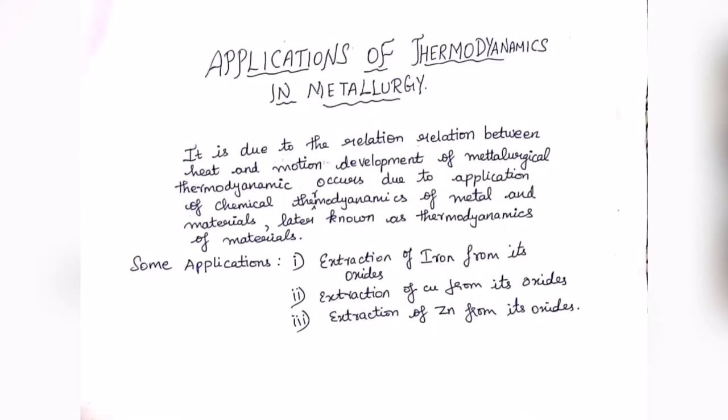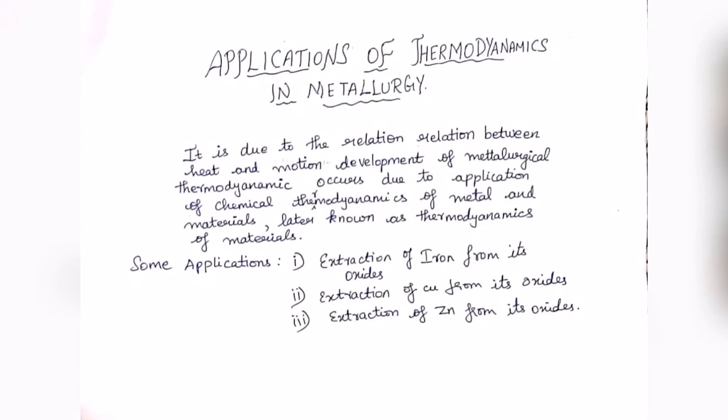Let us now see some applications of thermodynamics in metallurgy. It is due to the relation between heat and motion development. Another application is the chemical thermodynamics of metals and materials. It is widely used in the chemical industries, later known as thermodynamics of materials.